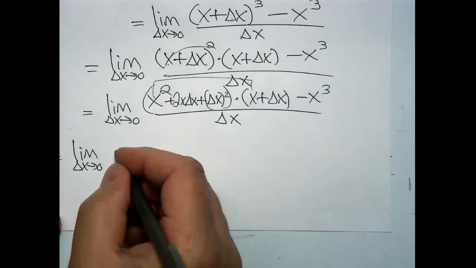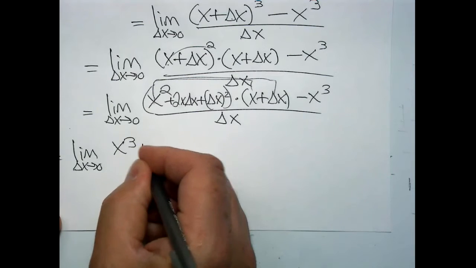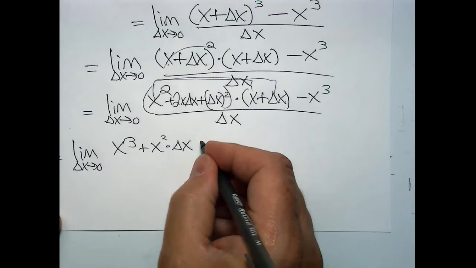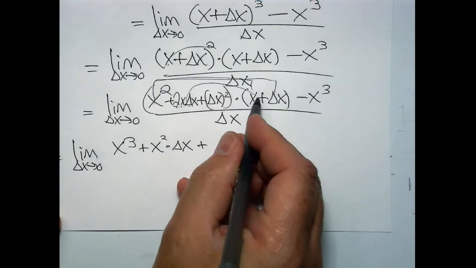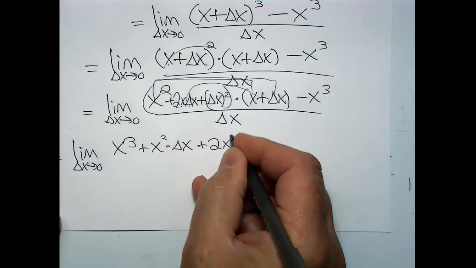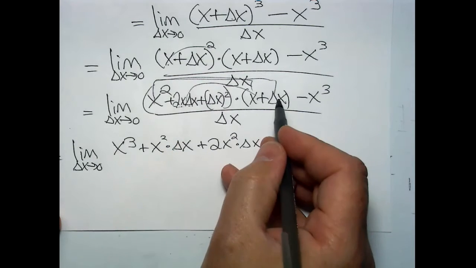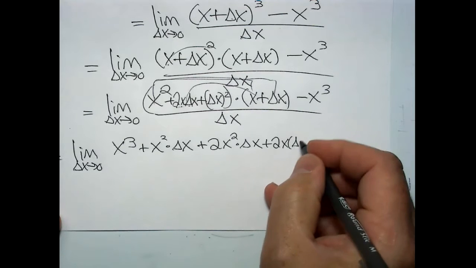First times first here is x cubed. x squared reaches out, distributive law, times delta x. Be careful, write it all down. Plus, the 2x delta x multiplies with an x. The 2x delta x multiplies with a delta x.